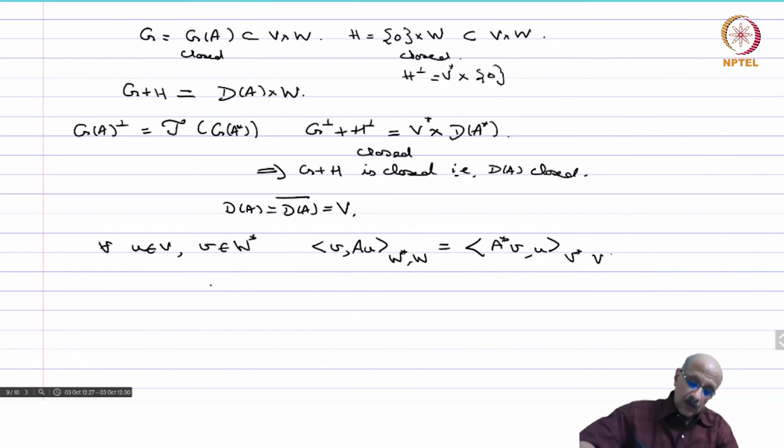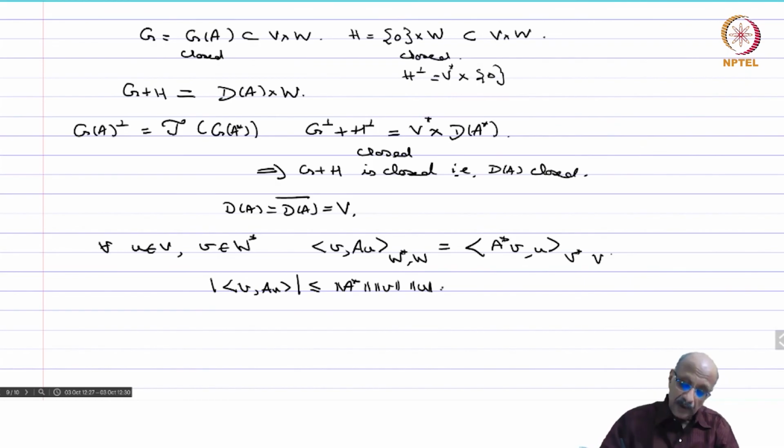So the modulus of V(AU) is therefore less than or equal to norm A star, norm V, norm U, for every element V in the dual space, so for all V in W star.